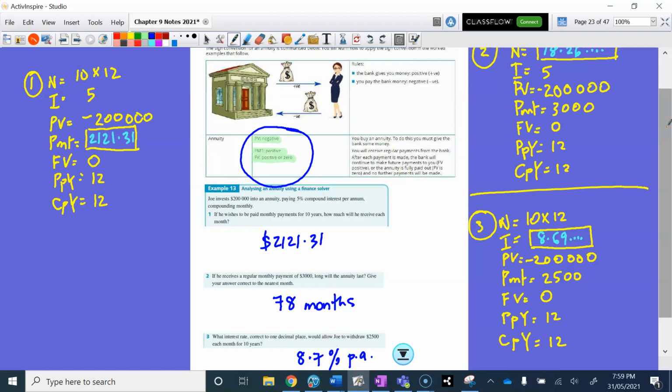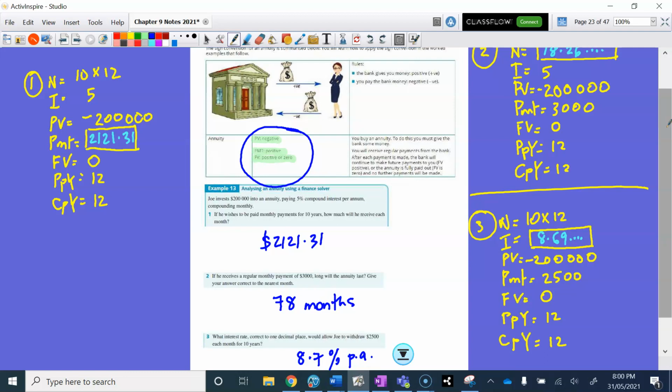The interest rate's 5% compounding monthly, so the PPY and CPY are both 12. The PV, the investment, is $200,000. Because Joe's putting the money into an investment account, it's going away from him for the time being, so the sign on the 200,000 is negative.